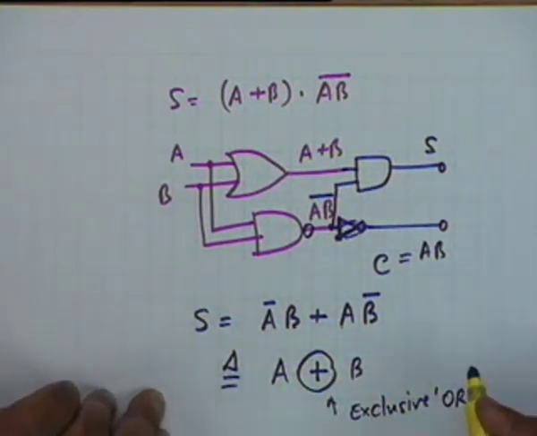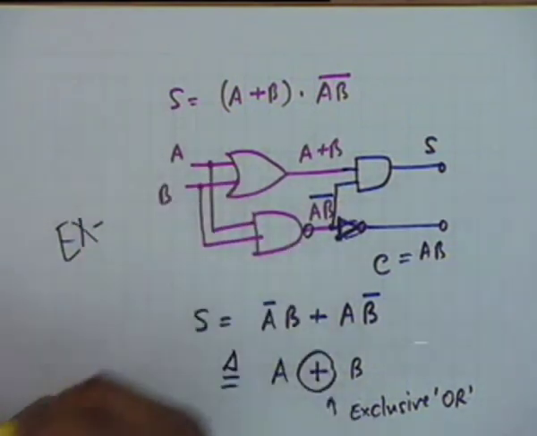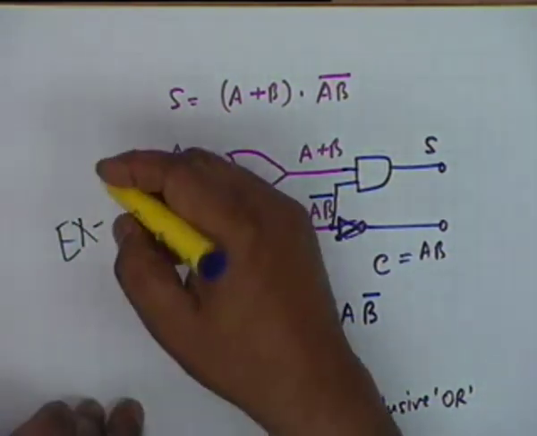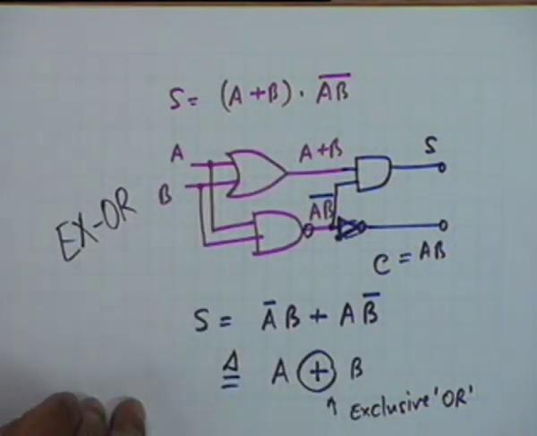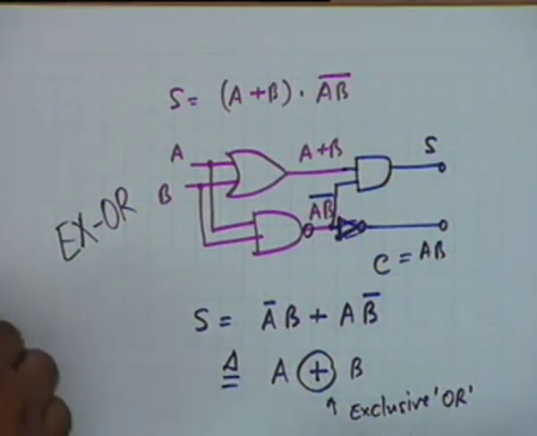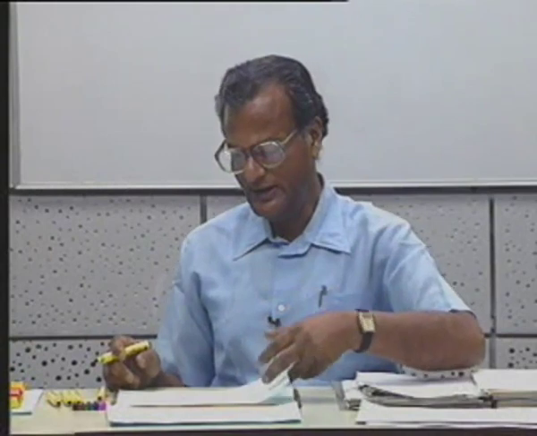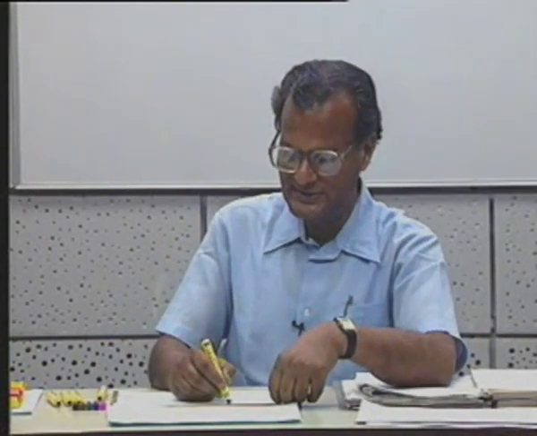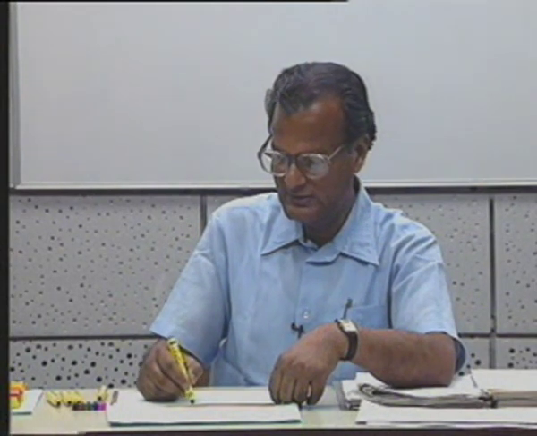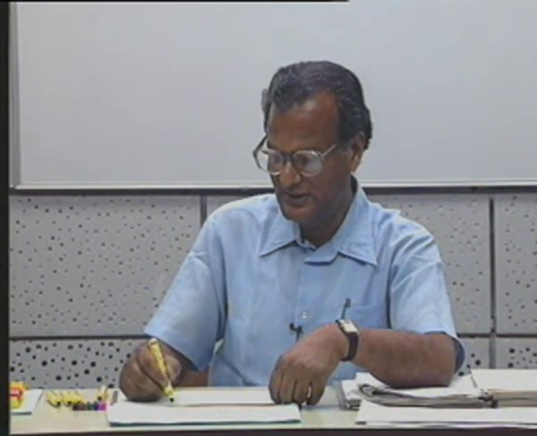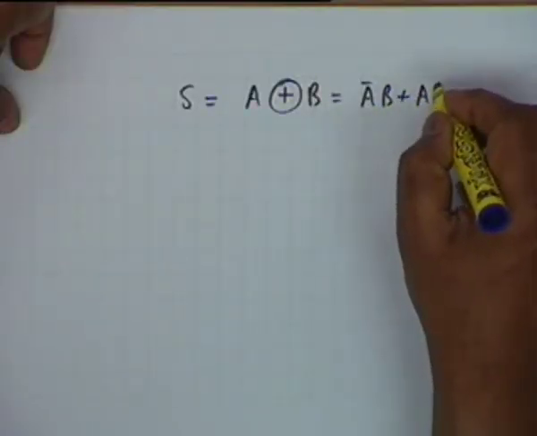Sometimes in the world of abbreviations it is also called XOR operation. XOR is exclusive OR operation. Alright, and manufacturers make gates which are exclusive OR gates. Since this is an important operation, A exclusive OR B is A bar B plus AB bar.